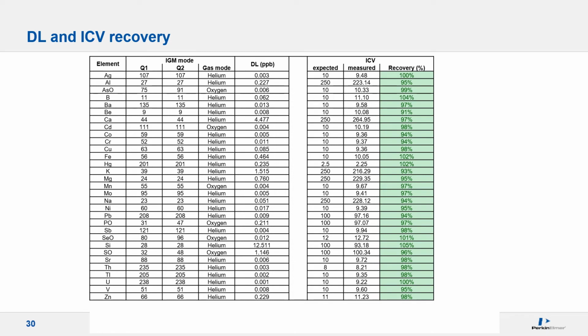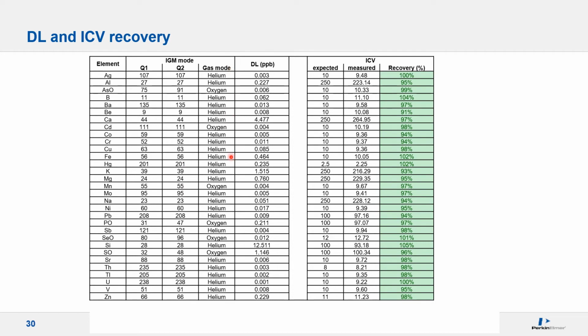On this slide, you can see the IGM and gas modes for each element analyzed. The Q1 refers to the mass filtered on the first quadrupole, and Q3, the mass filtered on the third quadrupole.